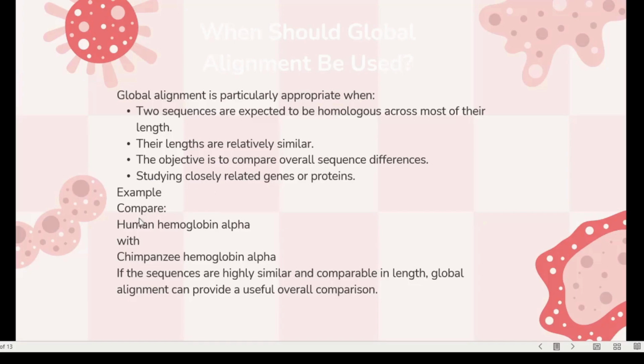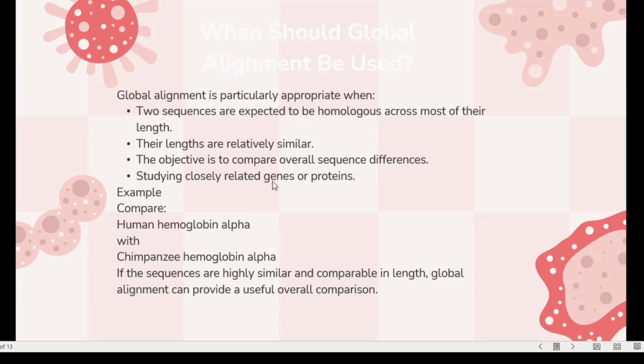An example is comparing human hemoglobin alpha with chimpanzee hemoglobin alpha. If the sequences are highly similar and comparable in length, global alignment can provide a useful overall comparison.